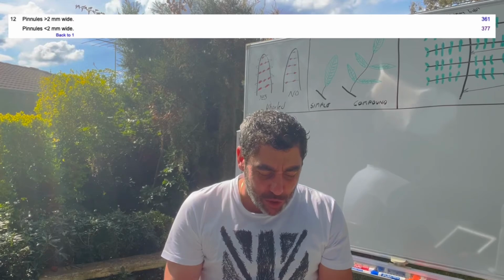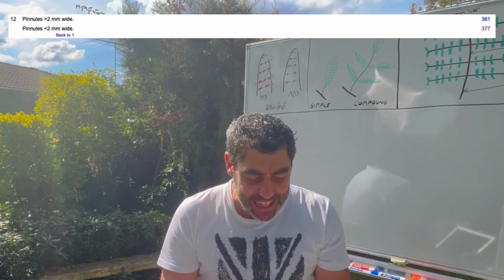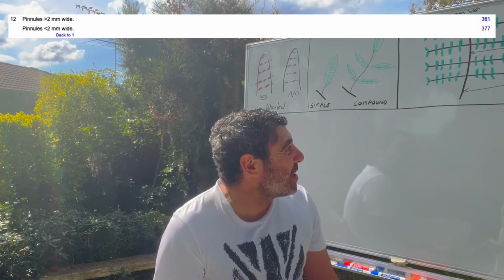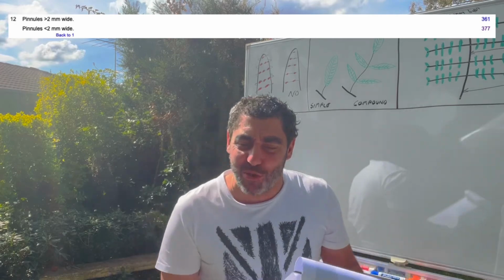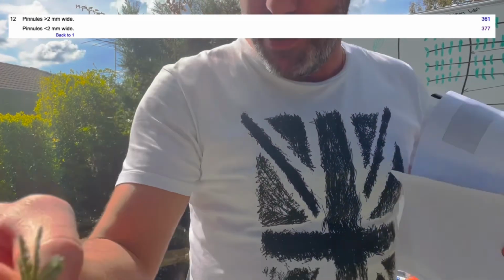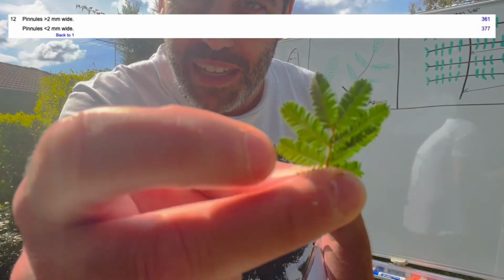Okay, pinnules greater than 2 millimeters wide, or pinnules less than 2 millimeters wide. Your pinnules are the secondary leaves, those little tiny ones.